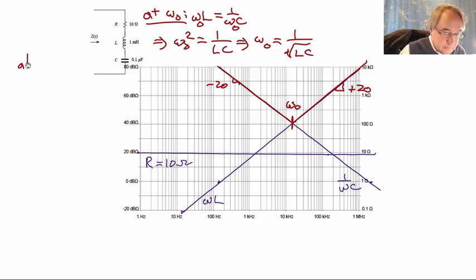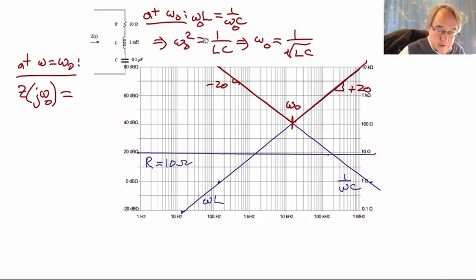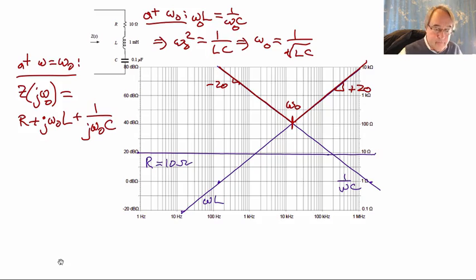So at omega equals omega naught, Z of s with s equals j omega, we'll let omega equal omega naught. This would be equal to the sum of the three impedances. The resistor is R, the inductor is sL with s equals j omega naught, so we get j omega naught L. And the capacitor is 1 over sC, so we get 1 over j omega naught C. And we need to simplify this.